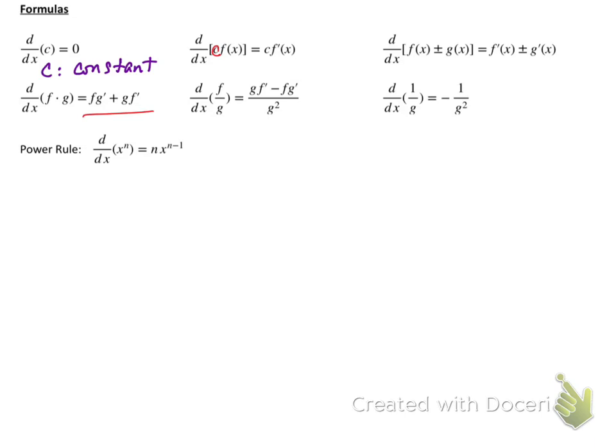But you can't swap them for the quotient. In the quotient, you need to make sure. Normally, I suggest my students do the quotient rule this way. You write down the denominator first, the square of the denominator. So start with the bottom. The bottom is the square of the original denominator.